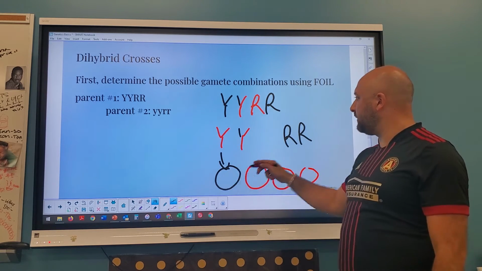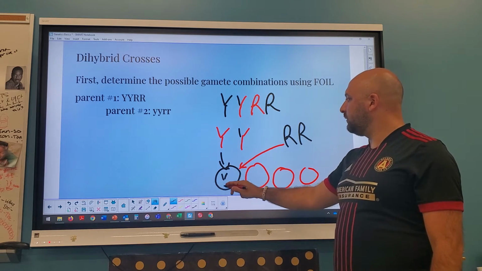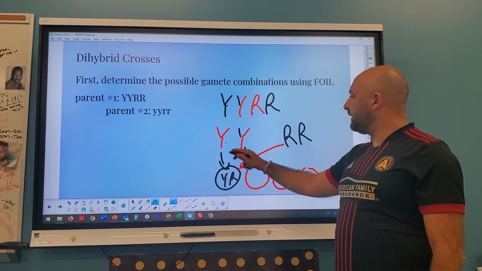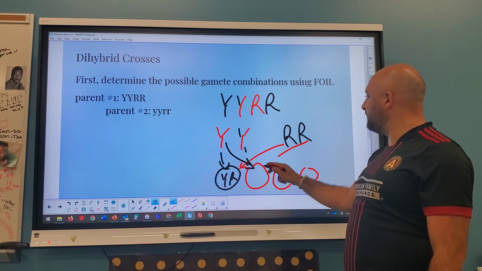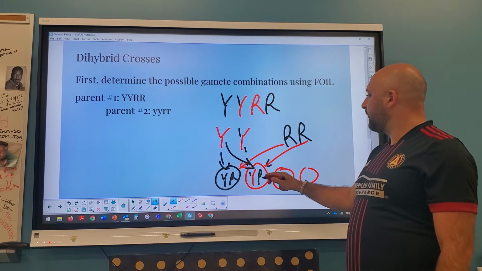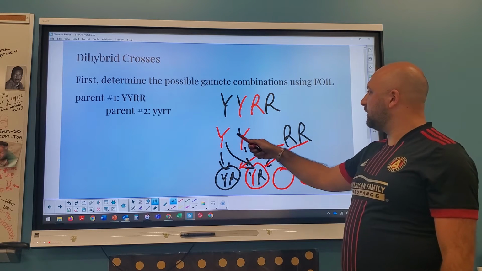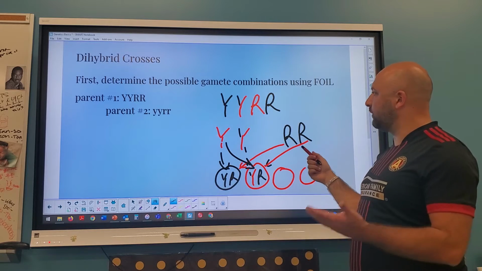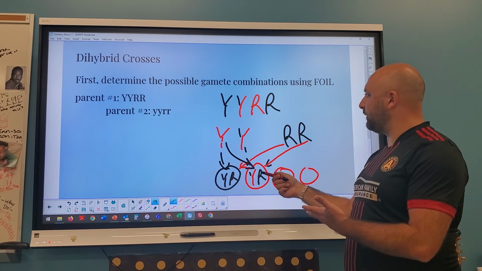So this Y could go here, and this R could go here. This Y could go here, and it could partner up with this R. It's either or, but there's 2 possible options for that one.